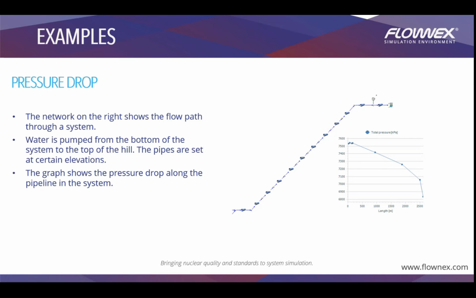The graph shows the pressure drop along the pipeline in the system. So you can also simulate pressure drops for very big pipeline systems, where we require those pressure drops in the water distribution systems in order to know what the pressure is at the outlet of every water distribution system.